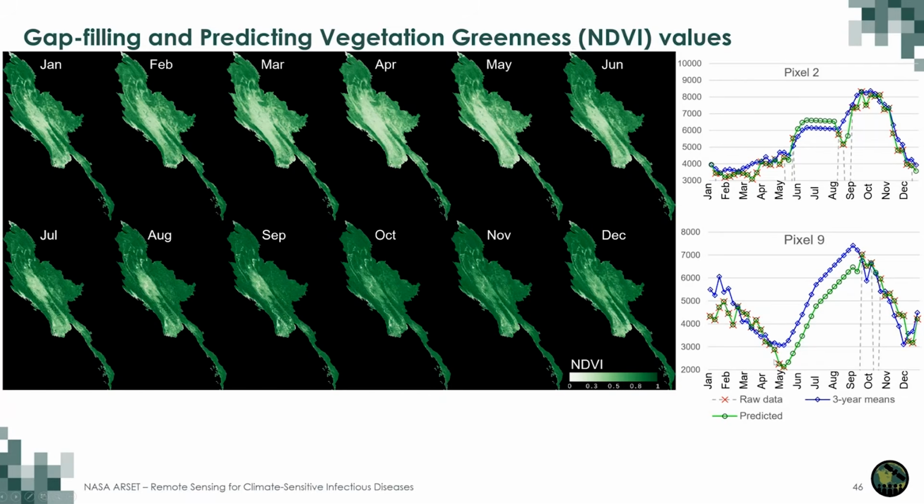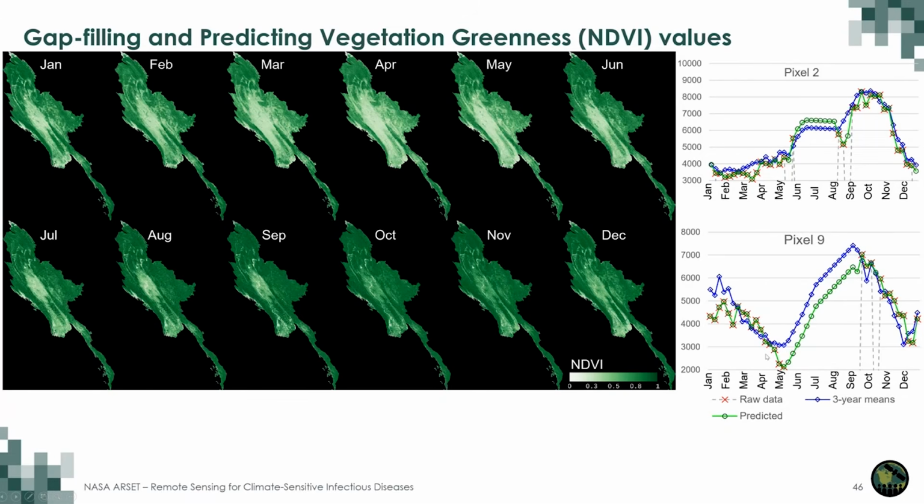If there is a big gap between the last known real observation that we had and the 3-year mean, we're going to apply that same gap to the data and estimate where it would be in this particular year based on how vegetation usually behaves in this area.